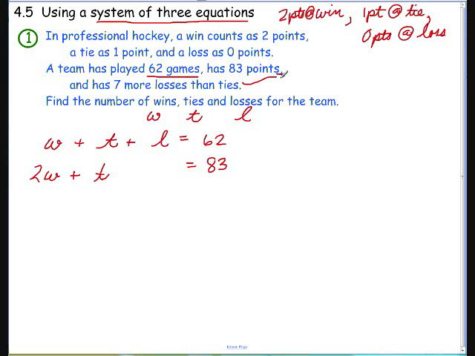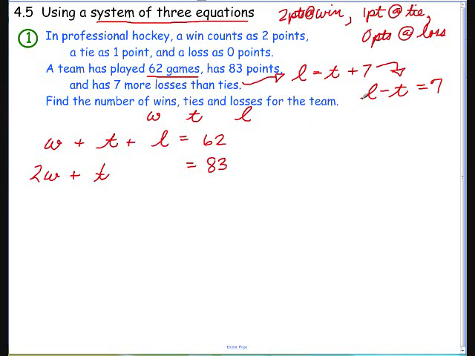There's some information about the relationship between losses and ties. The losses equal the ties plus 7, right? More losses than ties. So how can I write that? Let's see. So it matches what I've got over here. I'll say L minus T equals 7.